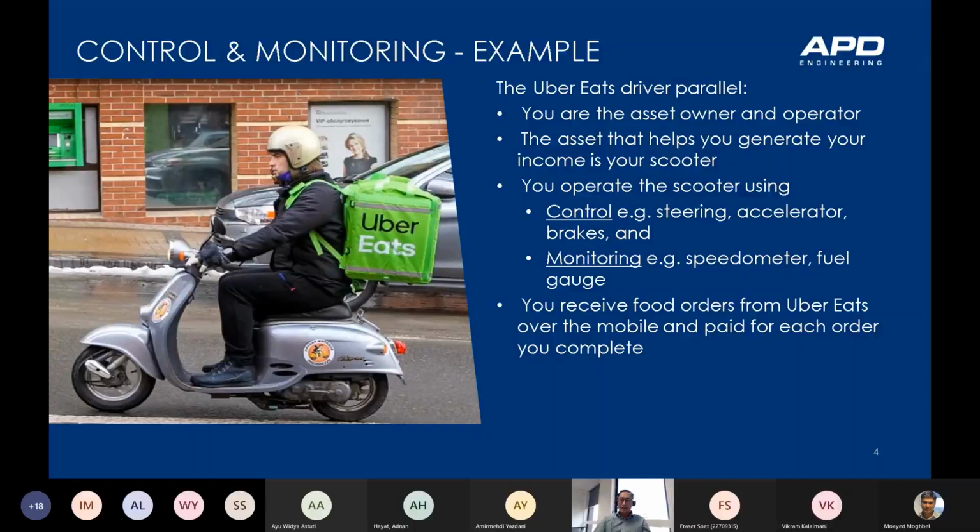You're the owner and operator of this asset, which is your scooter. And this is basically the plant that helps you generate your income. You operate the scooter using controls like steering, accelerator, brakes, and monitoring, so speedometer, fuel gauge, that stuff. And you receive food orders from Uber Eats over the mobile. You get paid for each order that you complete.